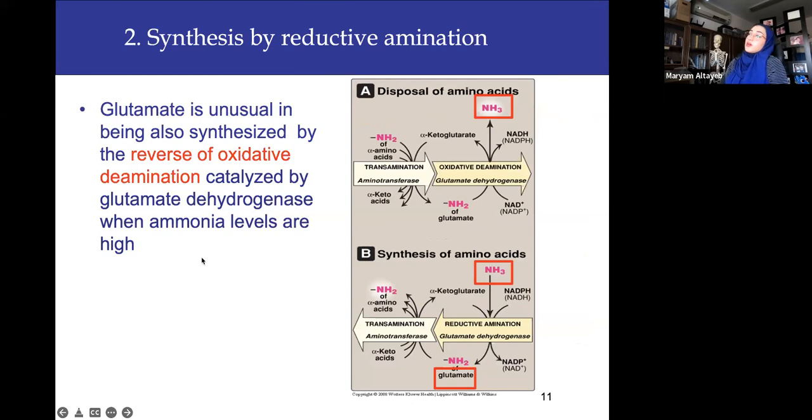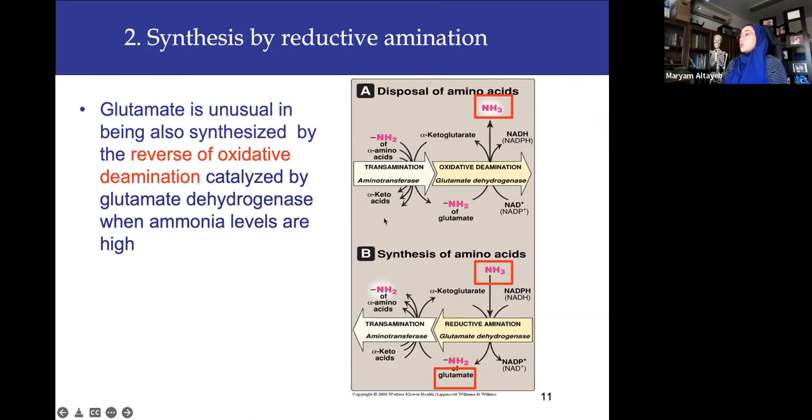Okay, then you have something called reductive amination. Reductive means you're removing something, you're reducing it. And the exception to this, or the specific important amino acid for this, is glutamate. It's written that glutamate is unusual in also being synthesized by the reverse of oxidative deamination, catalyzed by glutamate dehydrogenase when ammonia levels are high.